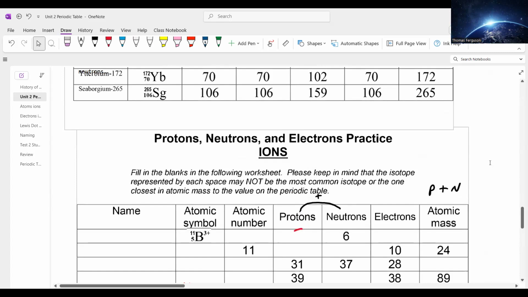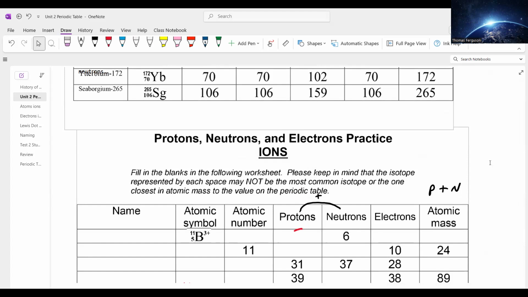So there's a very similar worksheet for ion. Tell me again, what's the difference between neutral and ion? Ions, right? The charge is going to be a plus or minus.